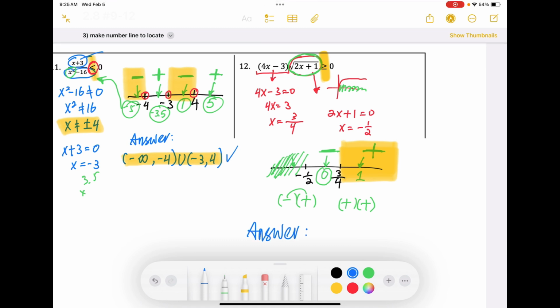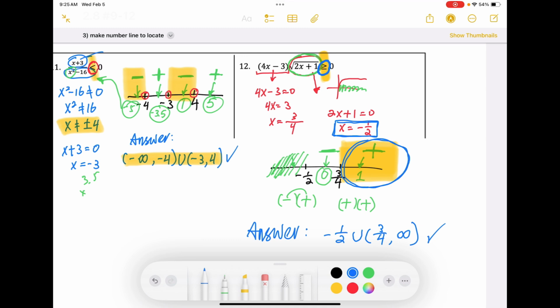Because there is an equal sign, I can equal 0. Seeing is believing. I do have a perfect 0 here, which tells me -1/2 is a solution. Check. Together with that, I know that from 3/4 to positive infinity also works, because that is seen on the number line.